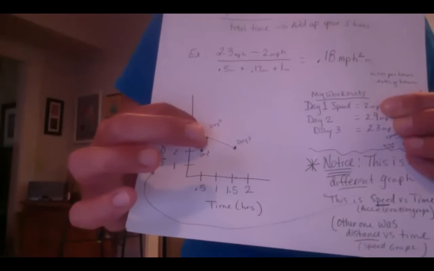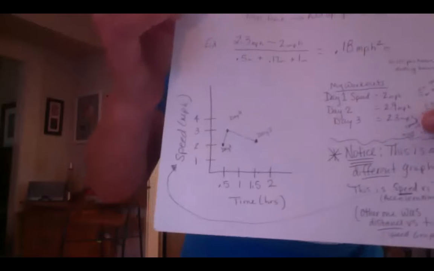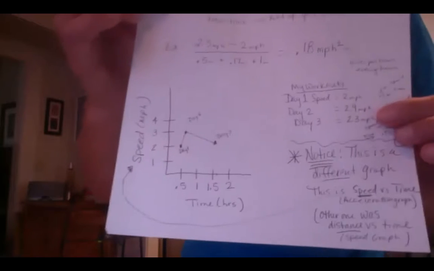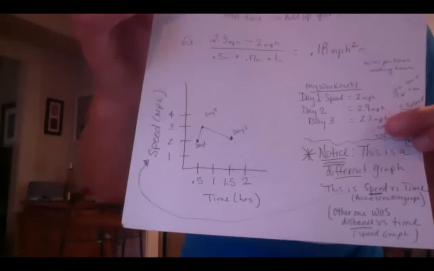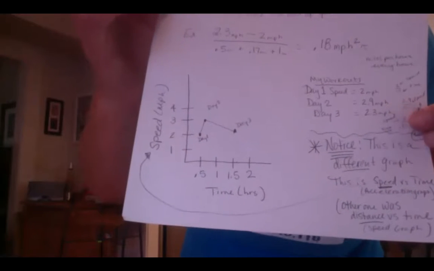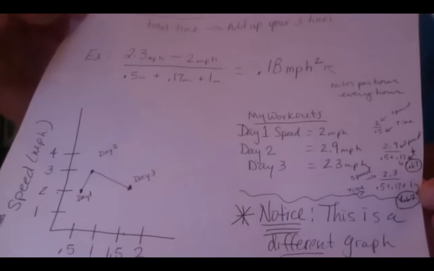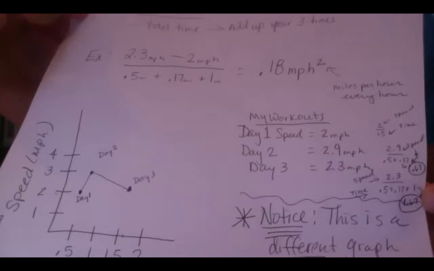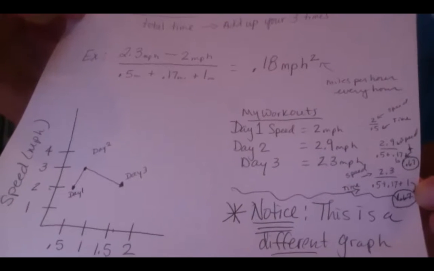And then finally, day 3, my speed was 2.3 miles per hour. So now I want to add up my time for all 3 days. So I did 0.5 plus 0.17 plus 1. Those are my 3 times. And that gives me 1.67.